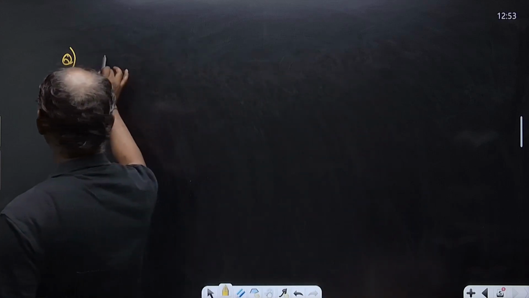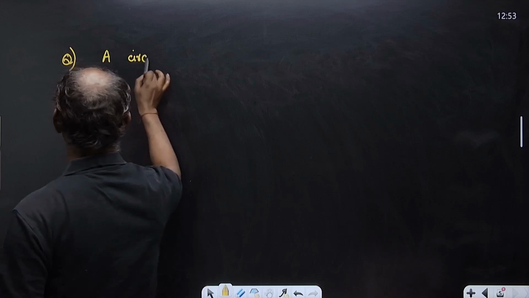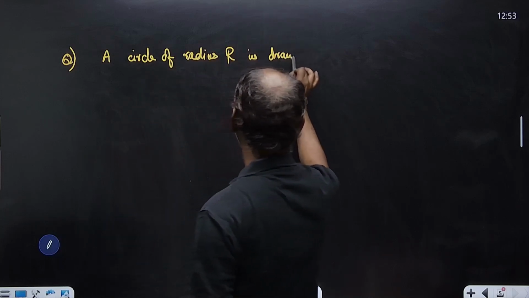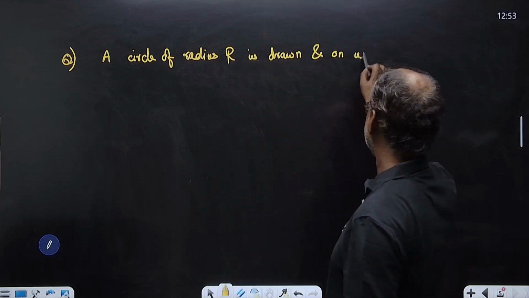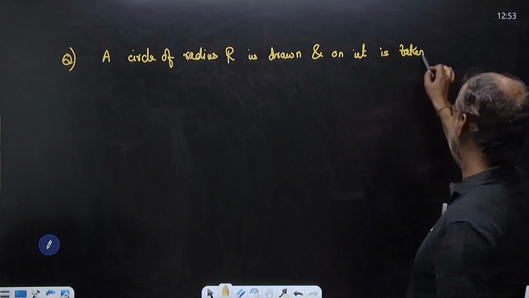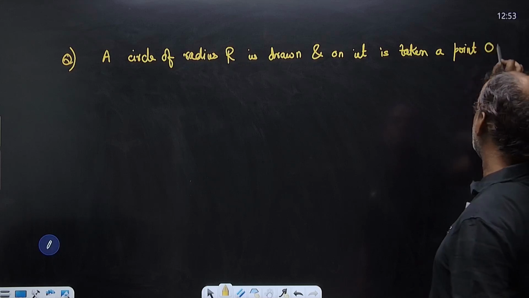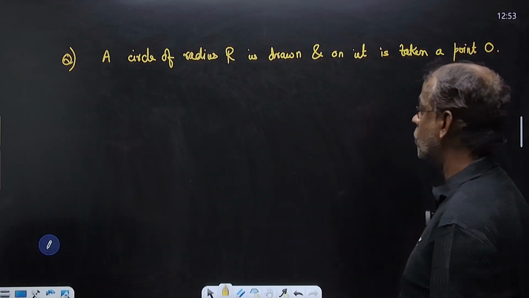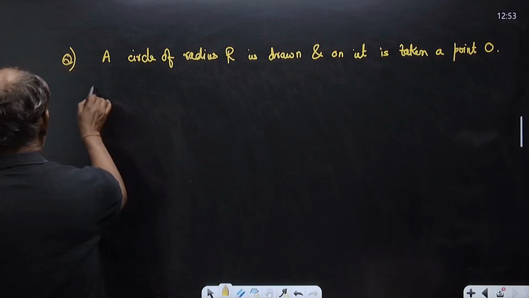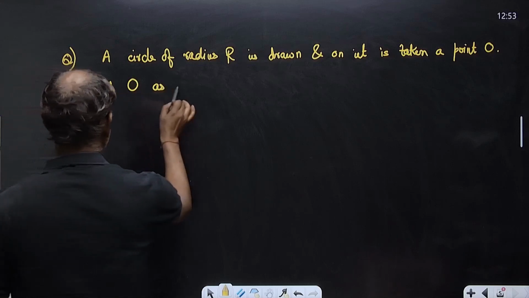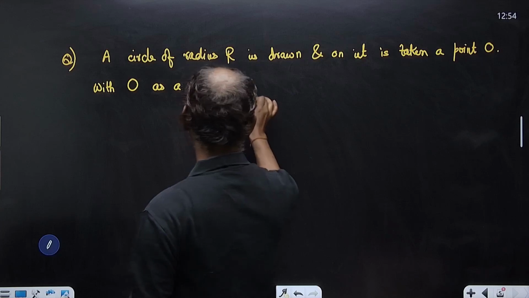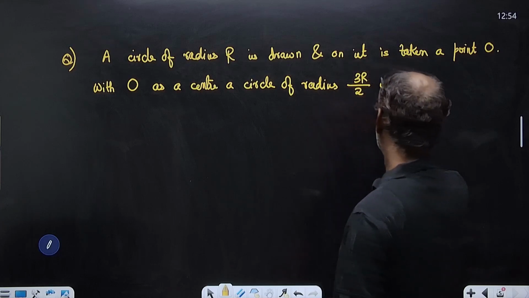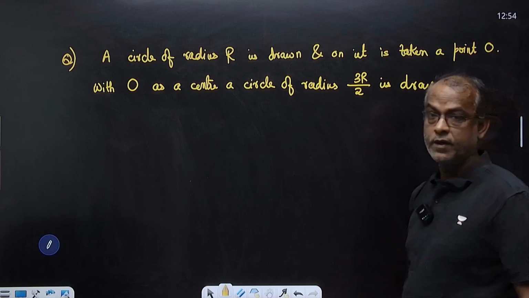The question says a circle of radius r is drawn, and on it is taken a point O. With O as center, a circle of radius 3r by 2 is drawn.